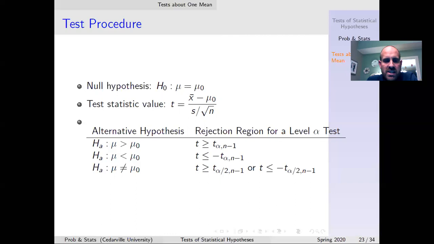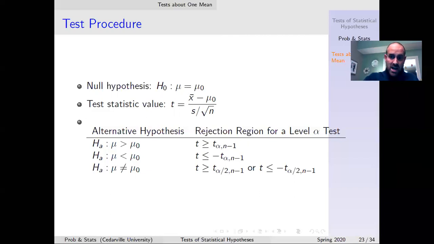Again, you're going to tend to reject in favor of the alternative, in the case where mu is bigger than mu0 as your alternative, if you have a t test statistic that is bigger than or equal to some value. So you would look up t alpha, n minus 1.